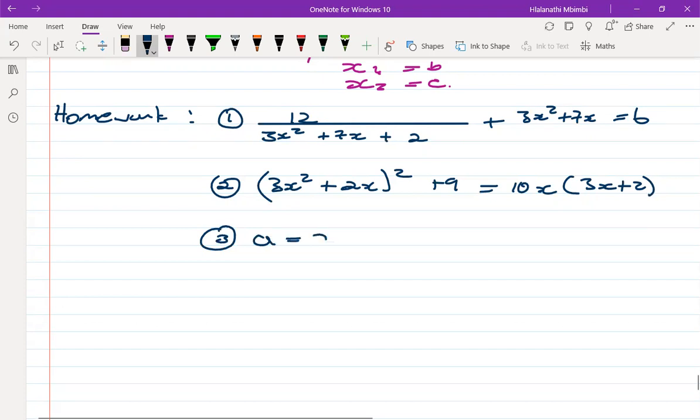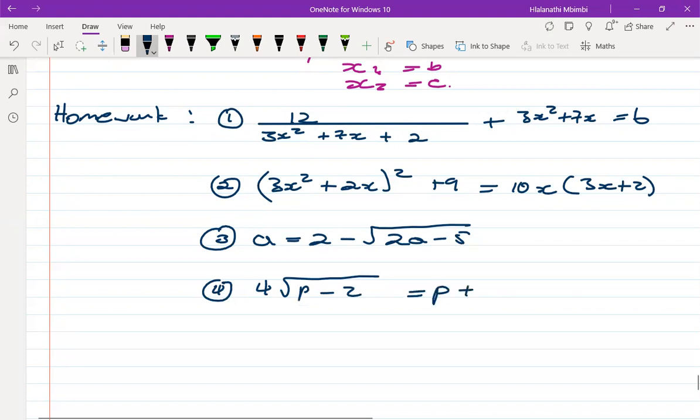A is equal to 2 minus 2a minus 5, and maybe another one where you have something like 4 square root P minus 2 is equal to P plus 1.